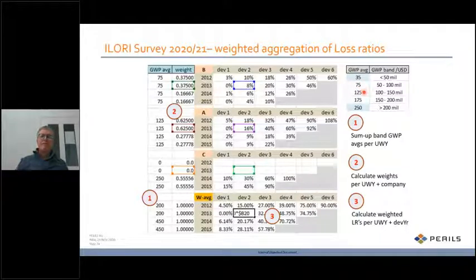If we go below or above the limit, like above 200 million, we simply have to assume something, and we were using 250 million. Below 50 million, we used 35. So these are per underwriting year. We use then this premium proxy.